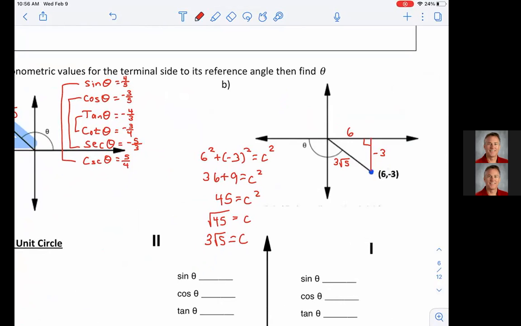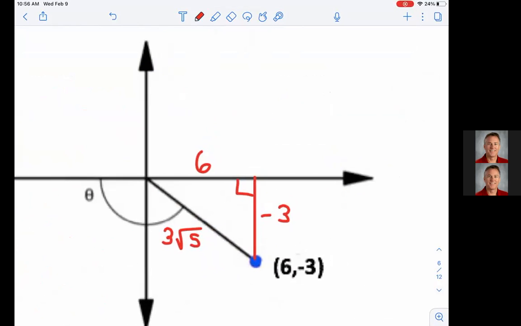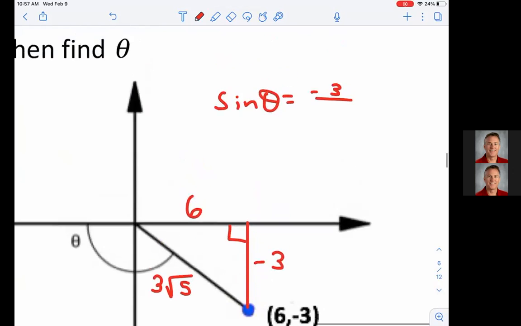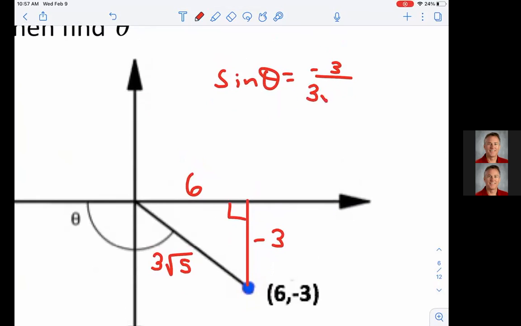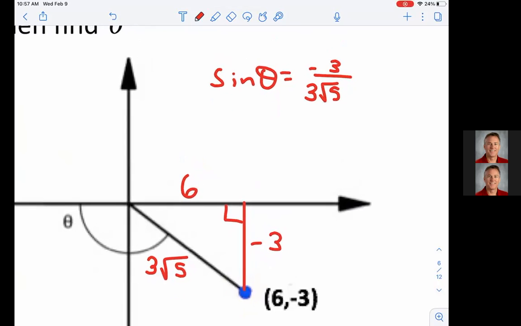Okay, so now, for example, if I want to find the sine of theta, okay, so I'm finding the sine, this angle in here is the opposite, which is -3, over the hypotenuse, which is 3√5. I'm going to have to do a little arithmetic to simplify and rationalize that.